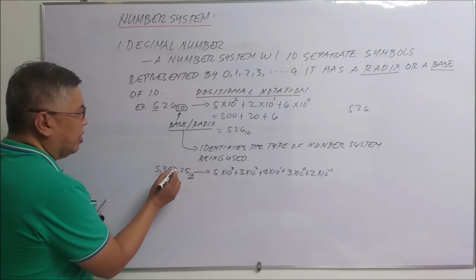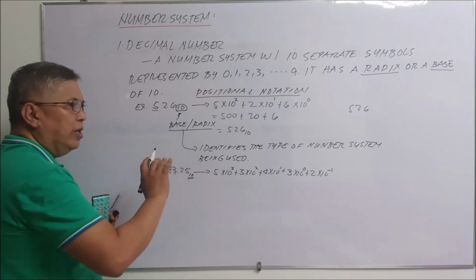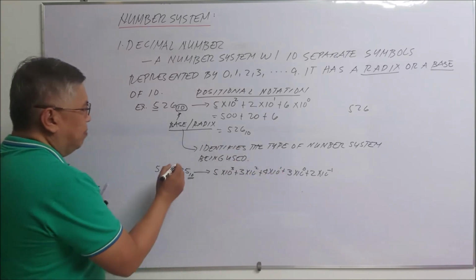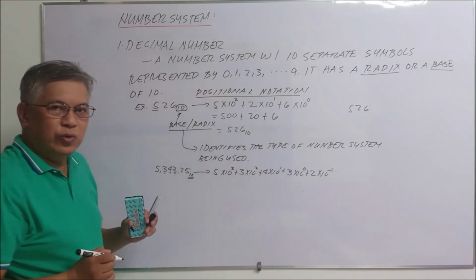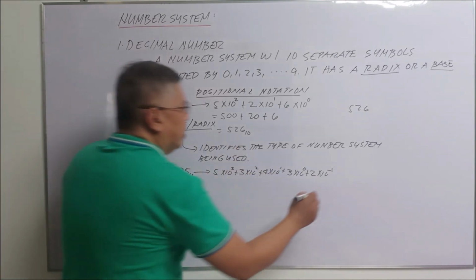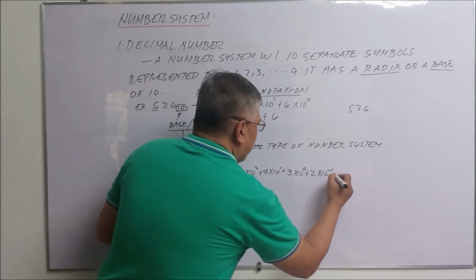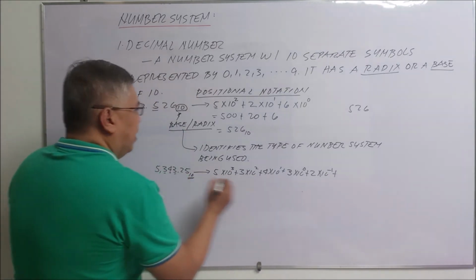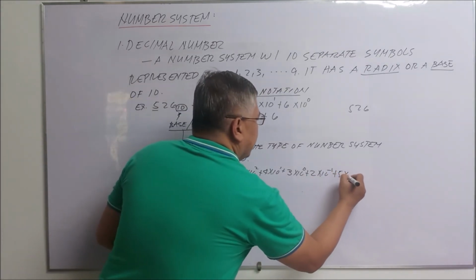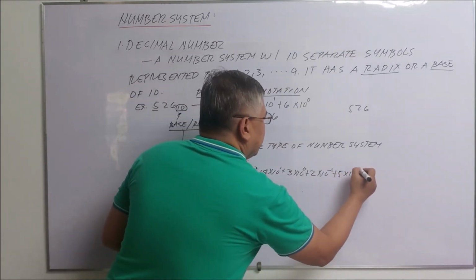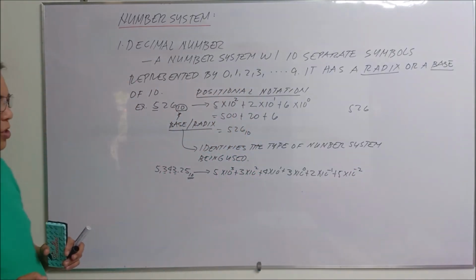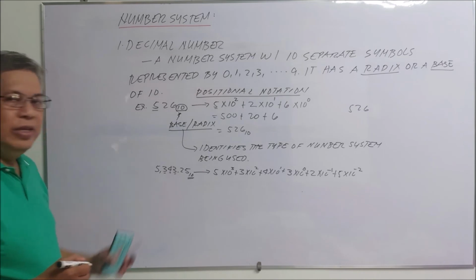So you start counting minus 1, minus 2, after the decimal point going to the right. That is the power of your number. Then plus 5 times 10 to the minus 2. That is the positional notation of this particular number.